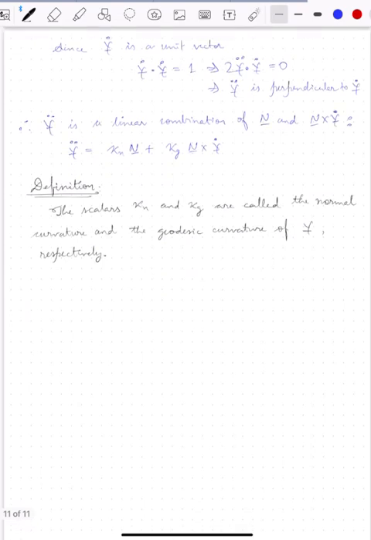So what we can clearly see is an observation that both kappa n and kappa g change sign when n vector is replaced by minus n vector.